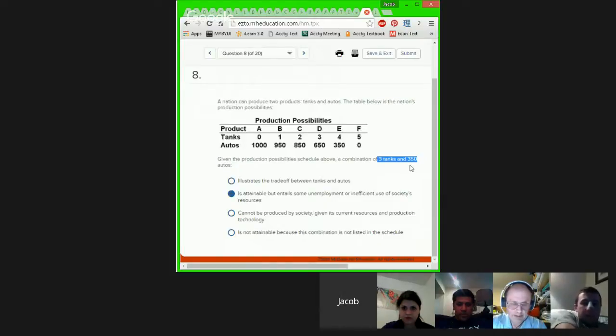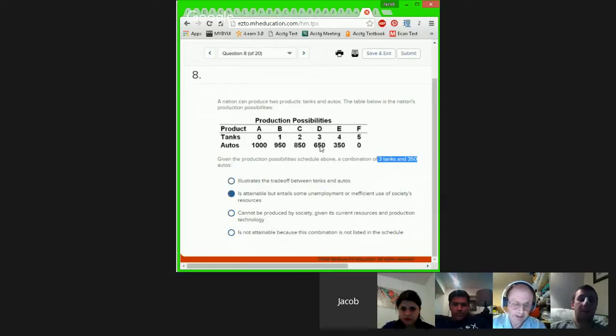Okay. Because I differ on the thought. If I go from 1,000 down to 950, that costs 50 automobiles not being produced for one tank. If I take it to scale from 950 down to 850, we've lost 100 autos. But it's an efficient use of society's resources.